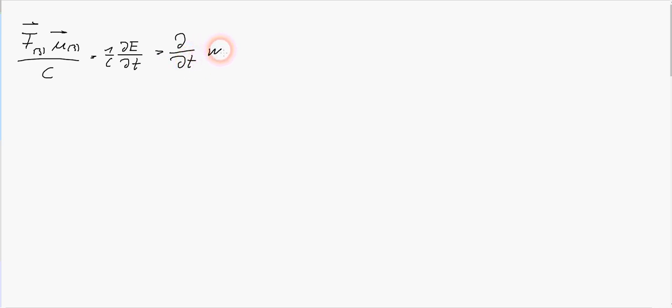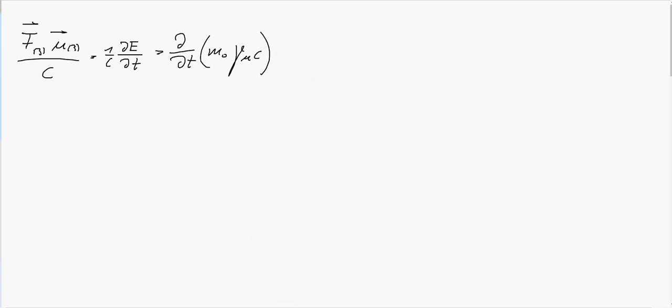We need now a completely 4-dimensional description. We look at our first component. This was F₃ times u over c, which is equal to 1 over c times d/dt of the relativistic energy, times c.